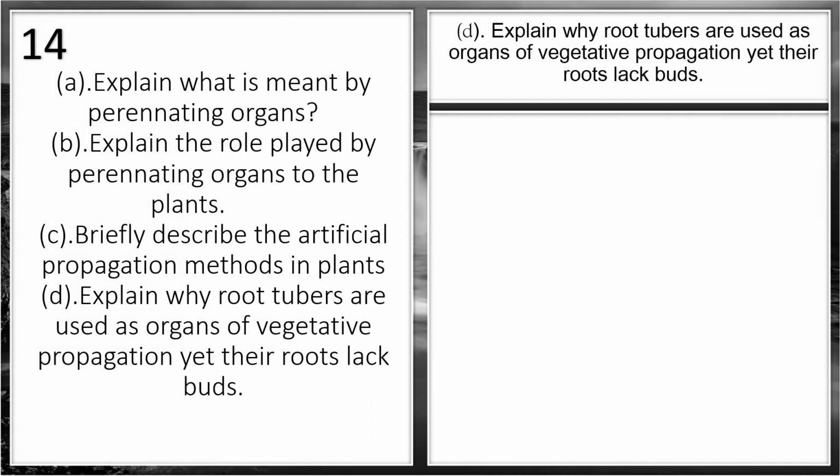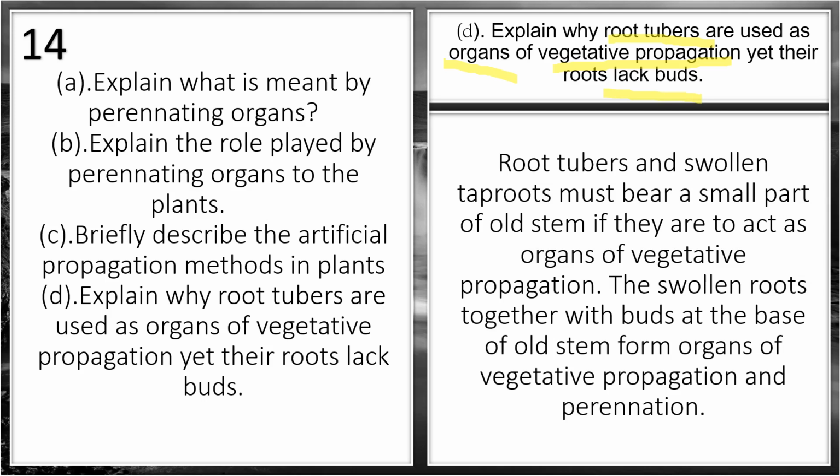Part D. Explain why root tubers are used as organs of vegetative propagation, yet their roots lack buds. The root tubers and swollen taproots must bear a smaller part of the old stem if they are to act as organs of vegetative propagation.